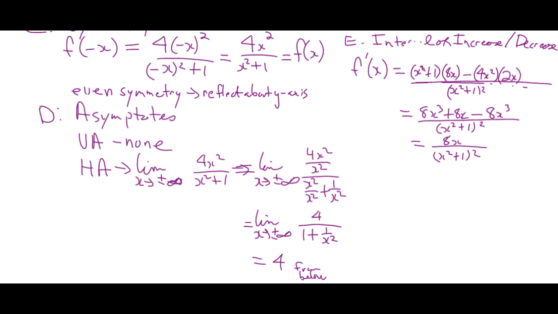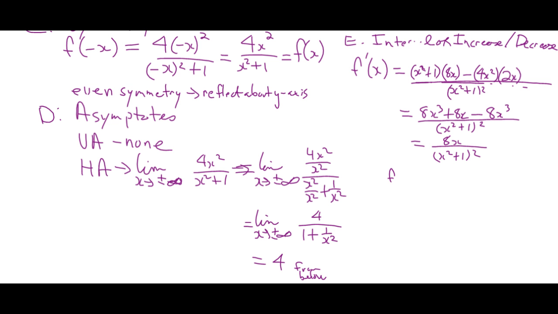All right, so what do we do with this? We need the critical numbers, right? Critical numbers are where f prime of x is either 0 or undefined. It's not undefined, it can't be undefined. So then where is it 0?